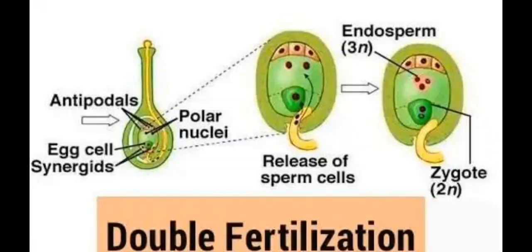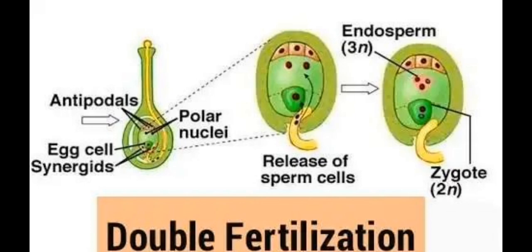Okay, so we'll go next. Double fertilization here. Every pollen grain grows inside, producing a tube, and through this tube, 2 sperm cells are moving inside the ovary. Inside the ovary we have the egg cell. The egg cell is haploid, has 1 set of chromosomes, and then we have fertilization.